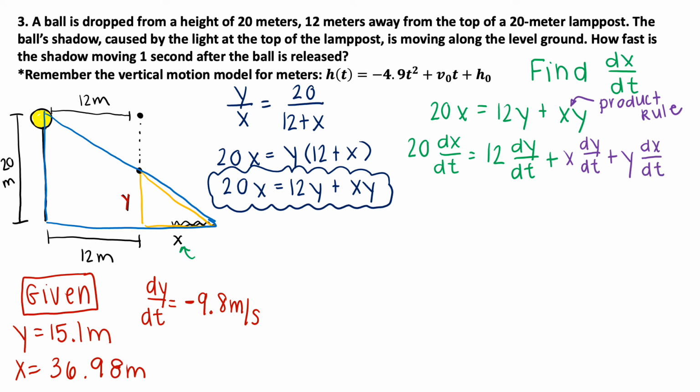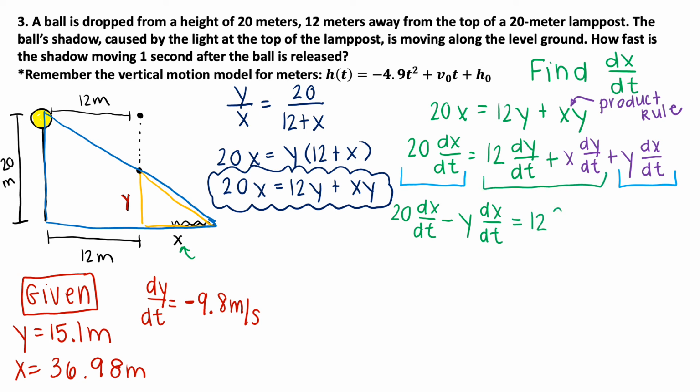Now I'm going to take my dx dt terms and move them both over to the left-hand side. So I have 20 dx dt minus y dx dt, and that's equal to my dy dt terms that were left, 12 dy dt plus x dy dt.